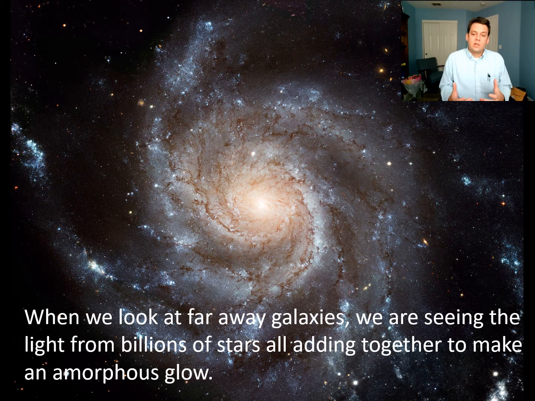So the closer something is, the easier it is to resolve. The farther away, the harder it is to resolve. But when we look up at galaxies, what we're seeing in a picture like this, for example, is the light from billions of stars all adding up to make an amorphous glow.